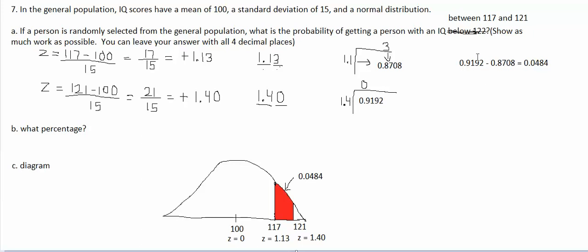Think of it this way. Here we have 117. And here we have 121.